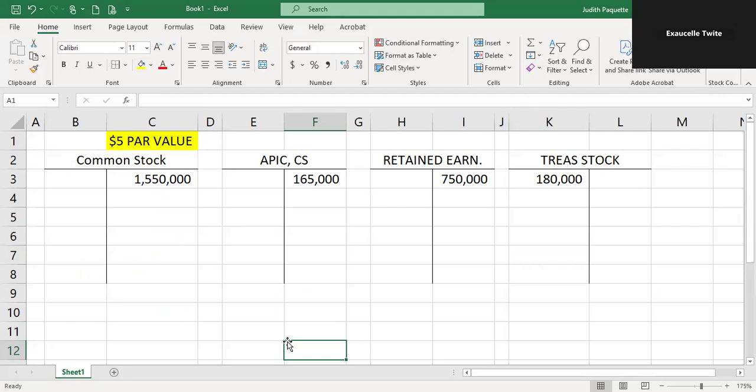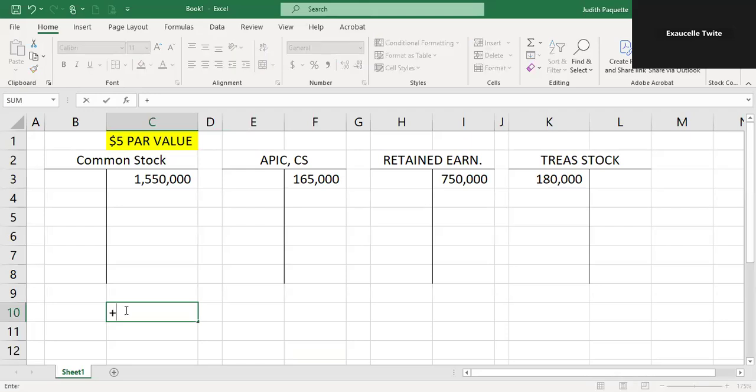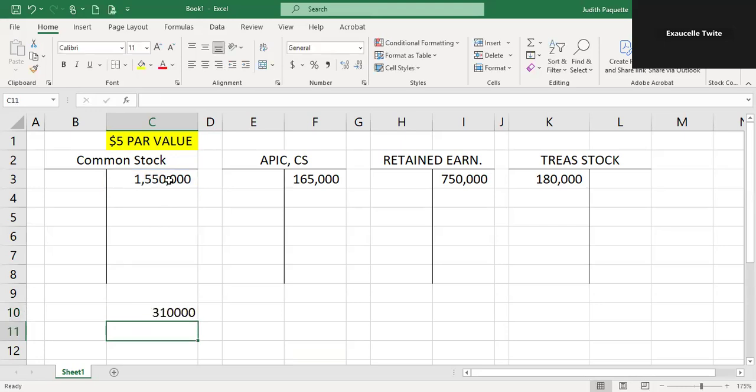How do we do it? Do you know? 1,550,000 divided by 5. Correct. So you're going to say 310,000 shares were issued. The balance in common stock is the issued shares.